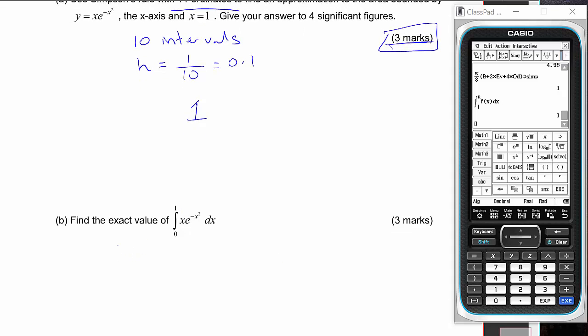The exact value of this. Well, 3 marks, so I've actually got to do the integral. So negative 2x e to the minus x squared dx, 0 to 1, and I need to multiply by negative 1/2 because that balances up the x. So it's negative 1/2 e to the negative x squared from 0 to 1.